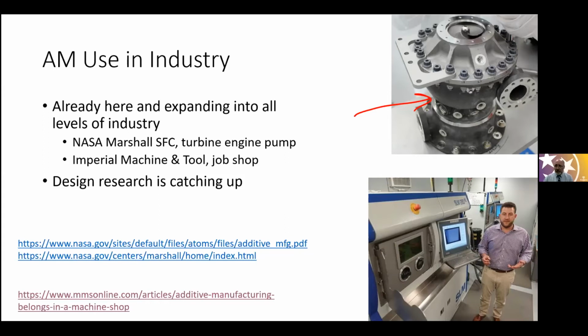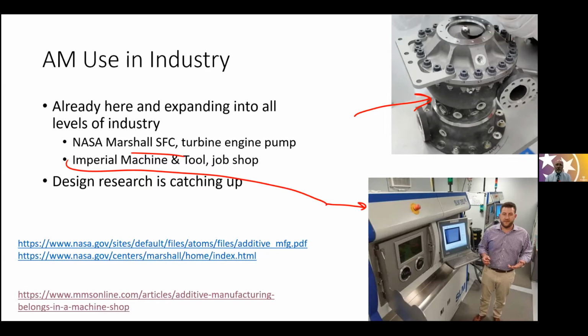At the other scale is this company here, Imperial Machine and Tool, which is a machine shop, job shop. They're a machining company who recently acquired SLM machines, selective laser melting machines, what used to be called selective laser sintering, though technically it's not sintering. And they're making metal products just like they make to-order machined metal products.